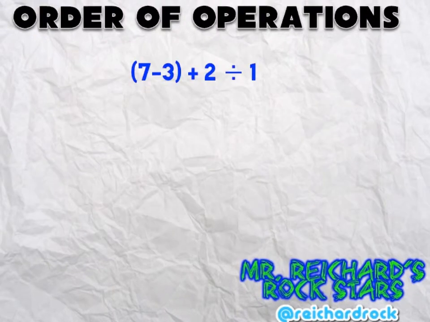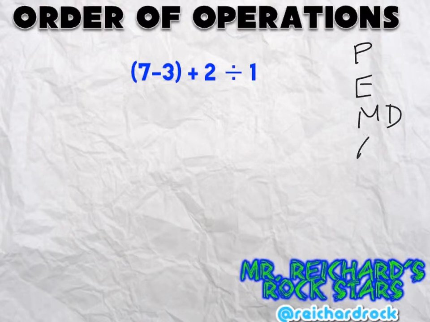So let's go ahead and apply this with a couple of problems, guys, right now. So I have the expression, open parentheses, 7 minus 3, close parentheses, plus 2, divided by 1. So my very first thing that I'm going to do is always write down PEMDAS. And I want to make sure that you guys are writing it like this only because multiplication and division and addition and subtraction are left to right in the order that they come.